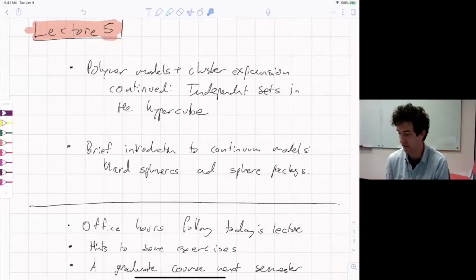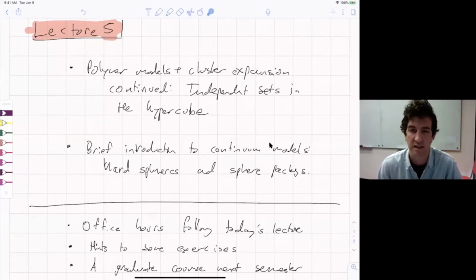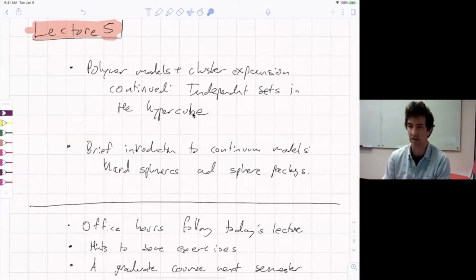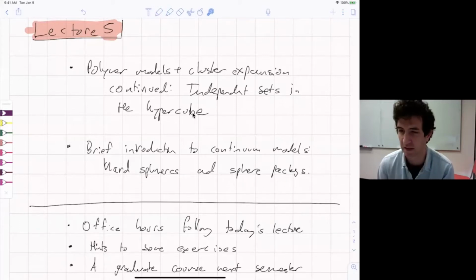And hopefully, one theme I'll talk about a little bit today is not just that you can use statistical physics to solve combinatorics problems, but actually combinatorics ideas have a lot to say about some of the major open problems in statistical physics. I'll give you some examples today, but also hopefully maybe some combinatorics people have some ideas on these open problems in the continuum models. Right, so that will be the plan.